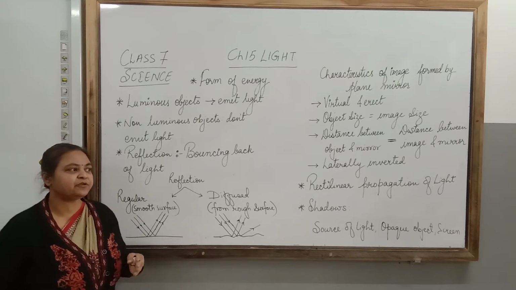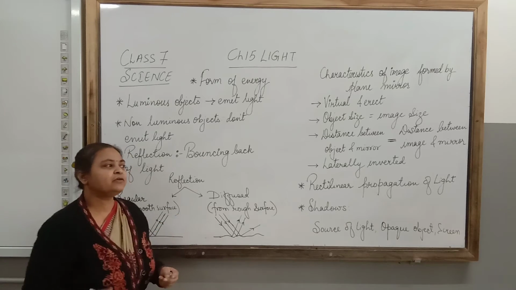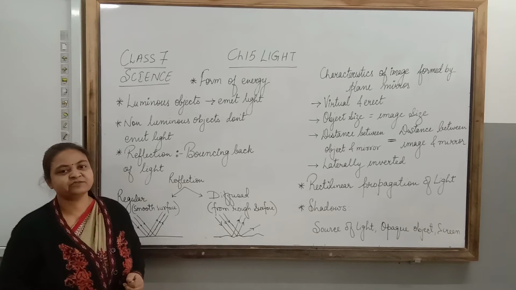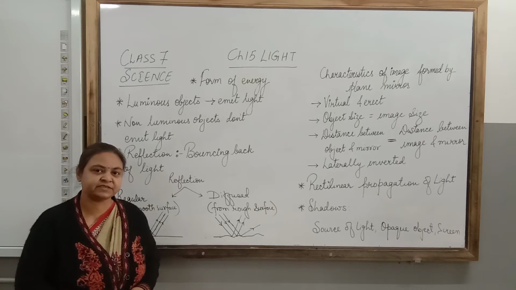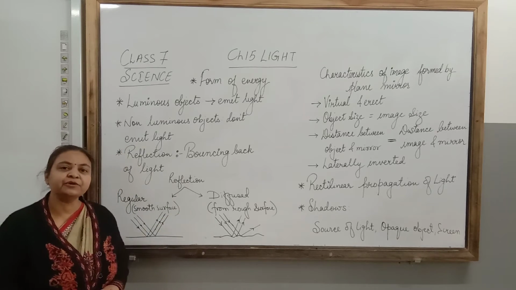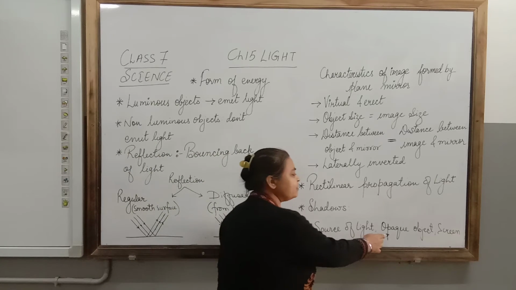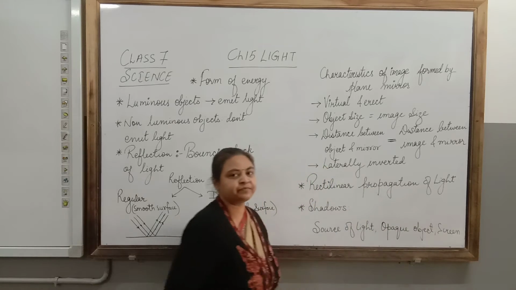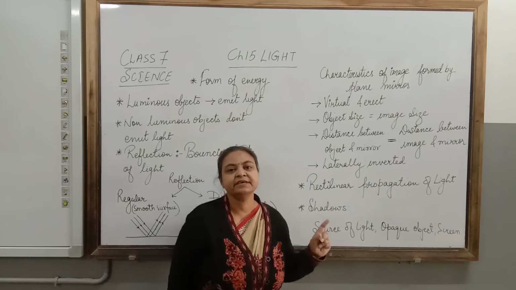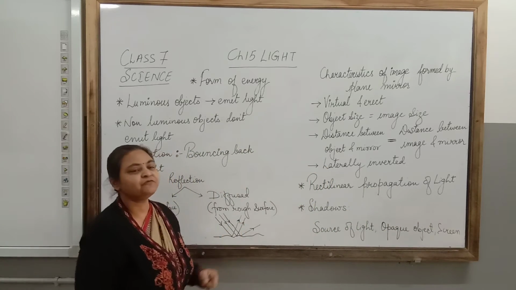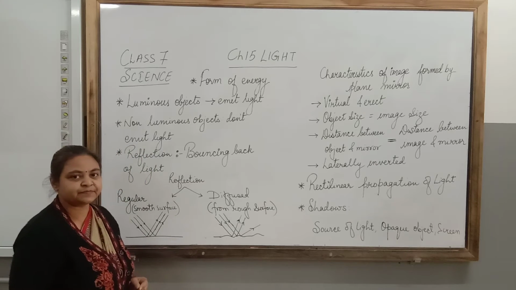That means light cannot bend and go beyond that object. So shadow formation takes place. For formation of a shadow, we require source of light, opaque object and screen. If any one of these is absent, then shadow formation will not take place.